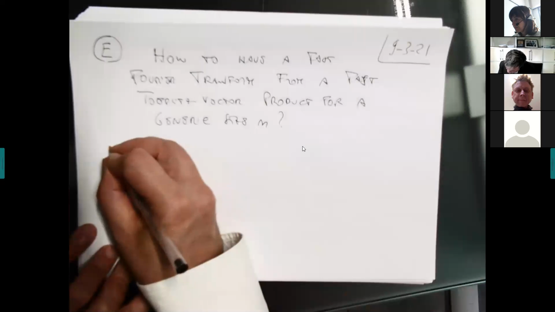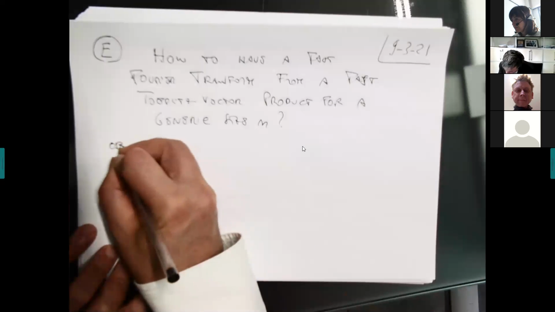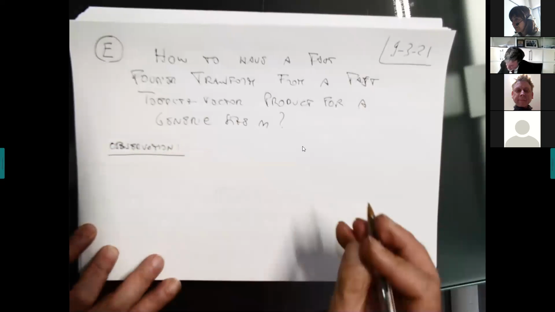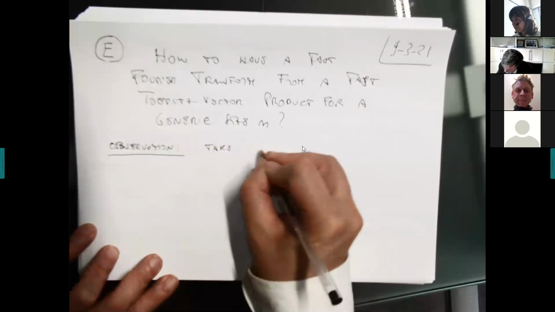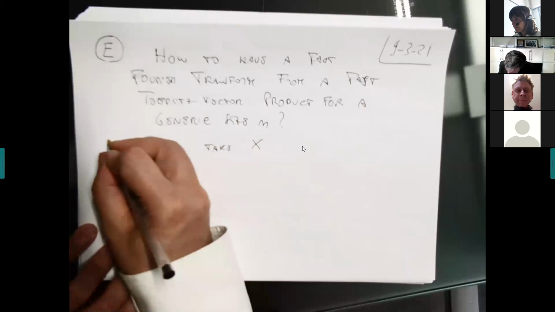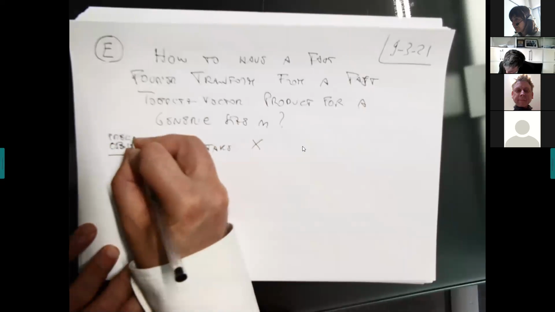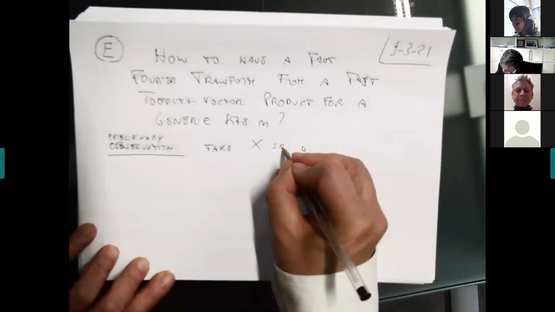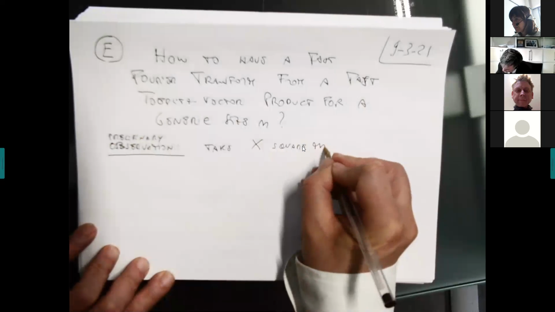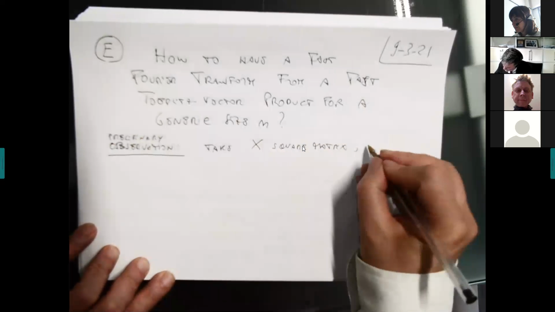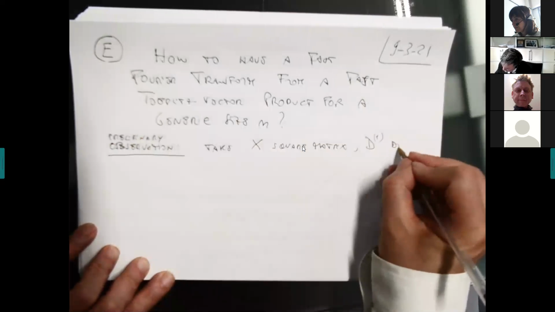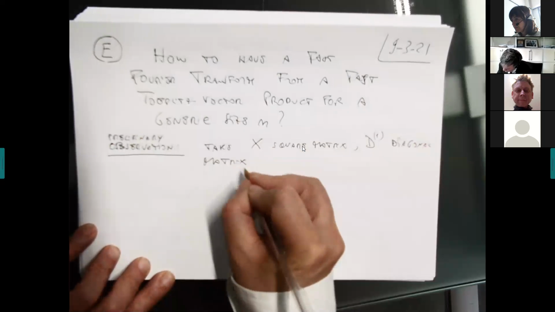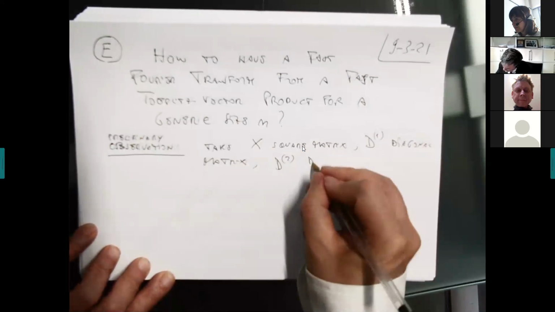Now, a preliminary observation. Take X a square matrix, D1 a diagonal matrix, D2 a diagonal matrix.